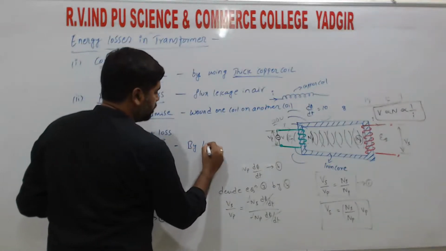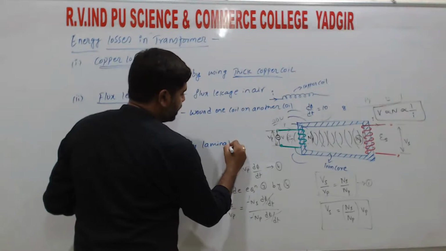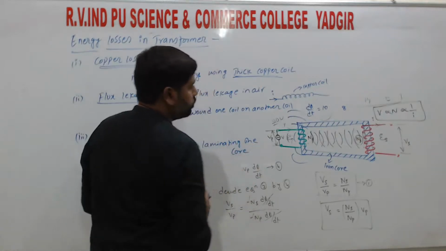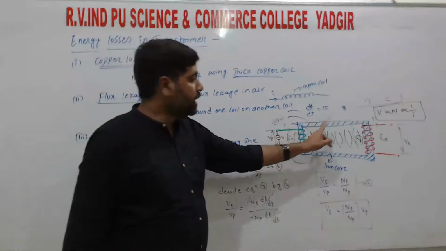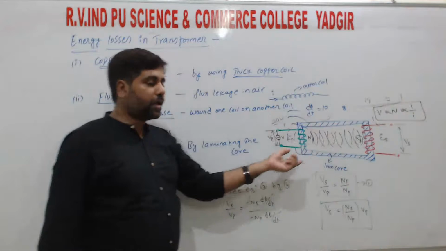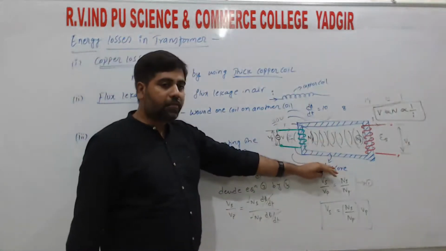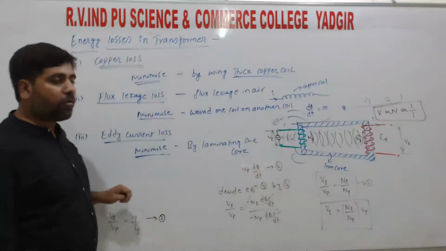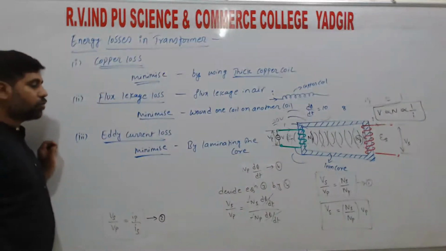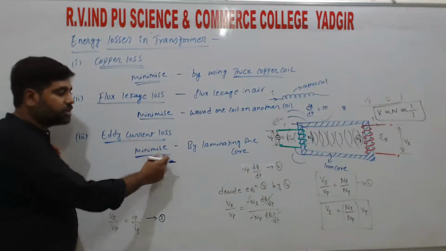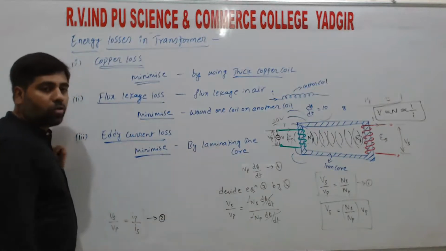By laminating the core. We coat the transformer core with insulating material, so it will not interact with the magnetic field. Hence there will be no flow of current in the core, and we minimize the eddy current loss. So we minimize it by laminating the core, right?